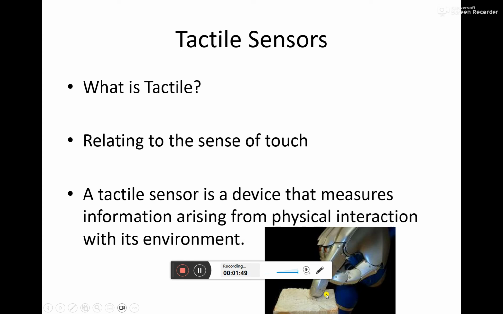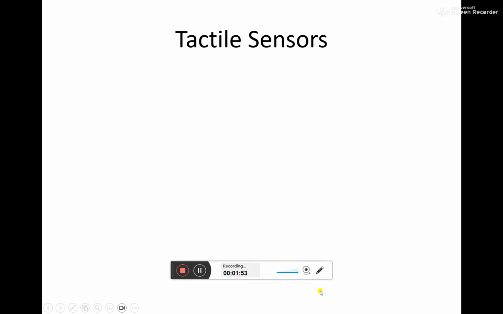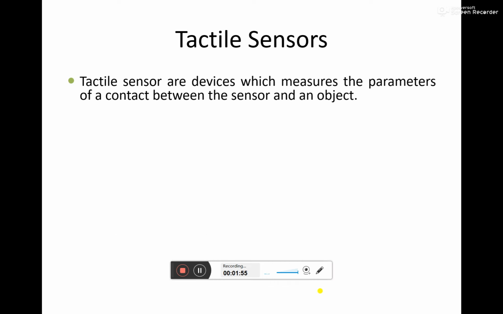Such things come under the tactile sensors. Tactile sensors are devices which measure the parameters of a contact between the sensor and the object.